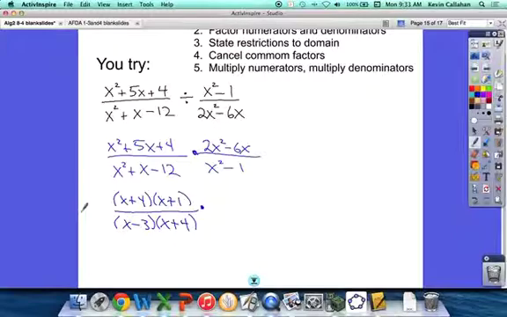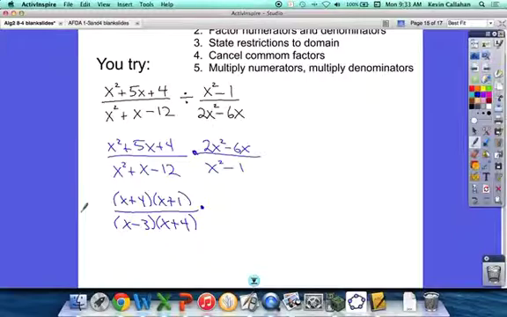Okay, who thought of how to factor 2x squared minus 6x? Again, what kind of factoring are you going to do here? Is it a difference of squares? It's a difference, but those aren't squares. So what kind of factoring is it? Starts with a G, ends with an F. Greatest common factor.